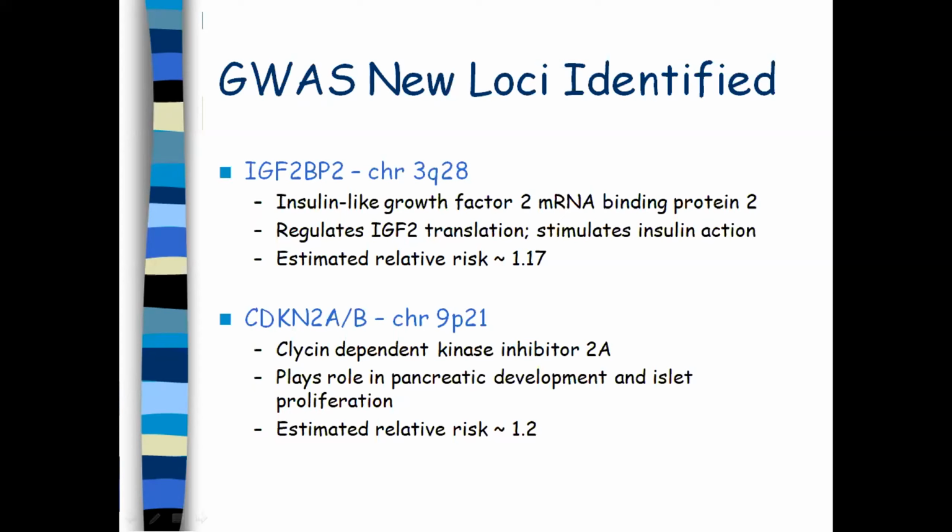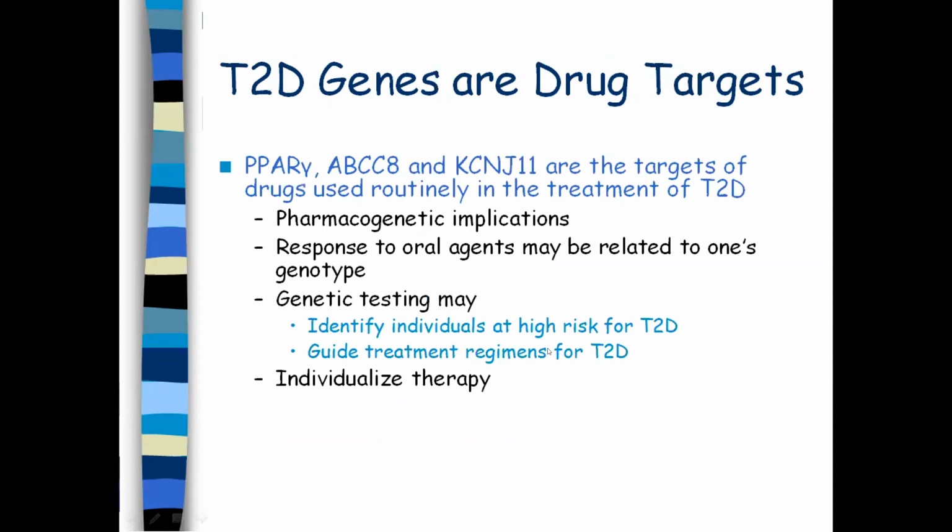Deletion of this gene may also affect islet proliferation, and if islet proliferation does not take place, there will be no release of insulin from pancreatic beta cells. The relative risk for this gene deletion is around 1.2% for the development of type 2 diabetes.